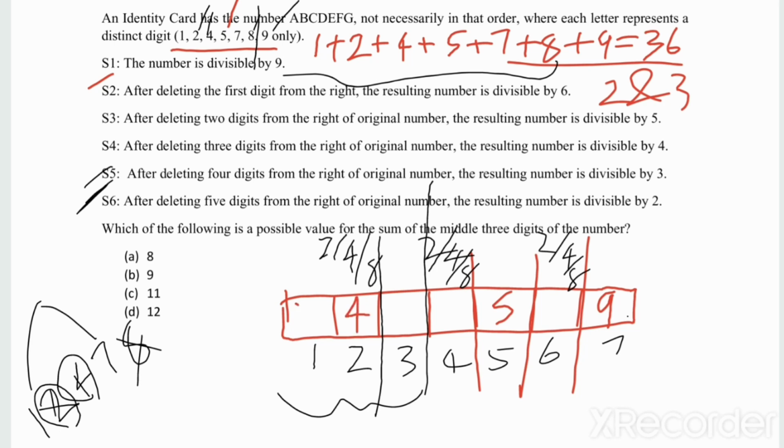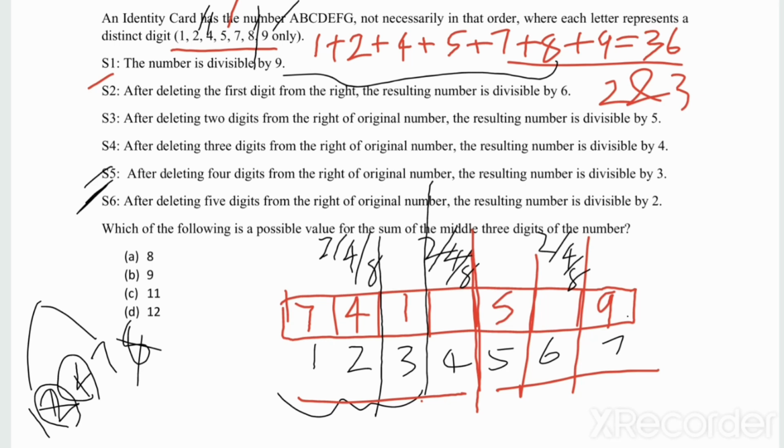Then first position 7, third position 1. If the third position is 1, then after deleting these 3 digits, it should be divisible by 4. So this should be divisible by 4. The last 3 and 4 should be divisible by 4.